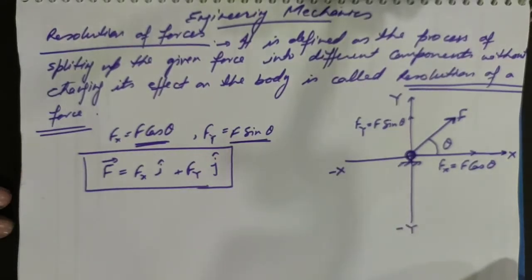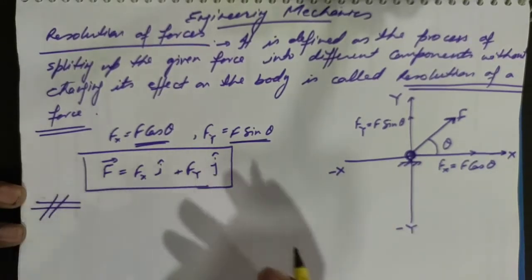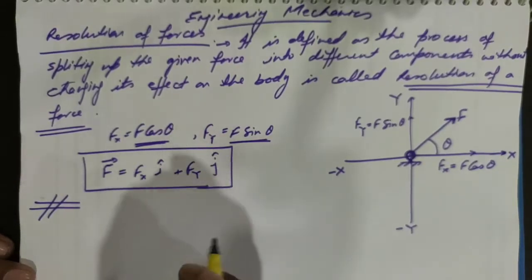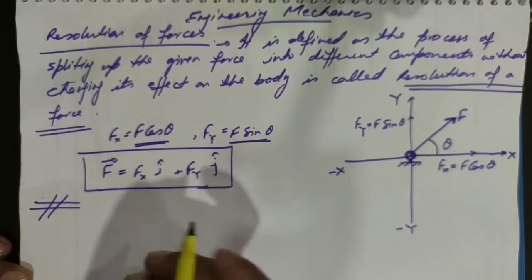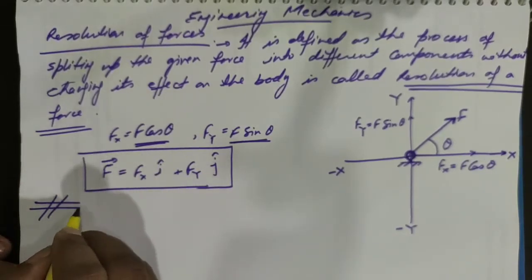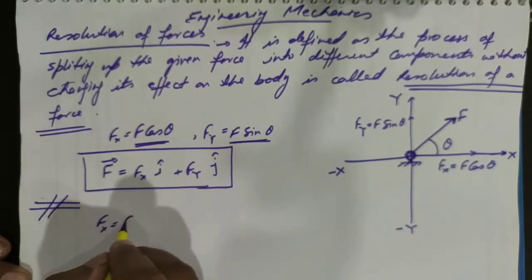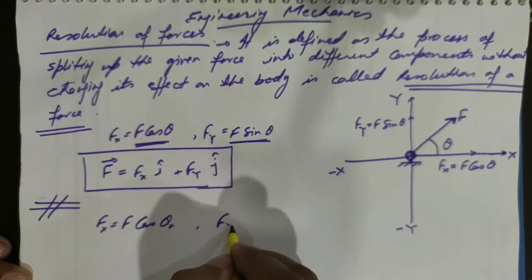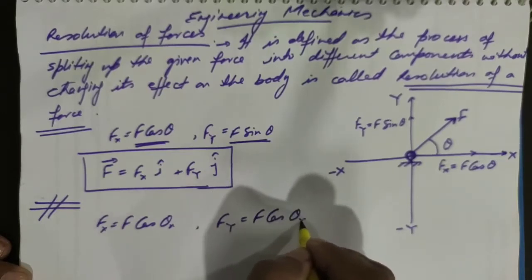In some books you may also find that the force F is split by multiplying F with the direction cosines. So Fx can also be written as F cos theta x, and Fy is equal to F cos theta y.